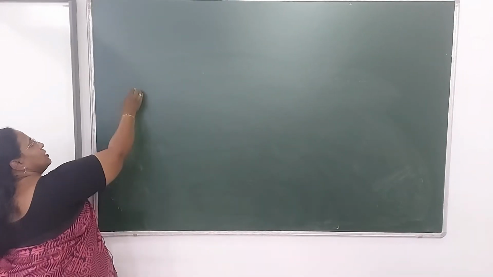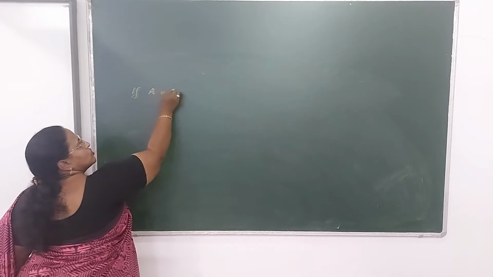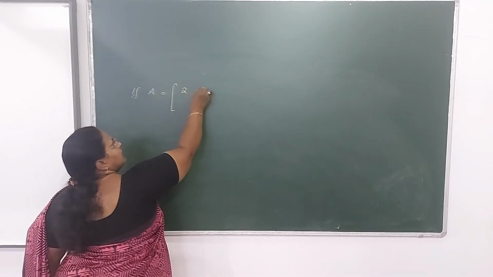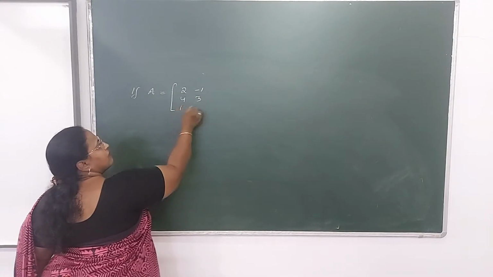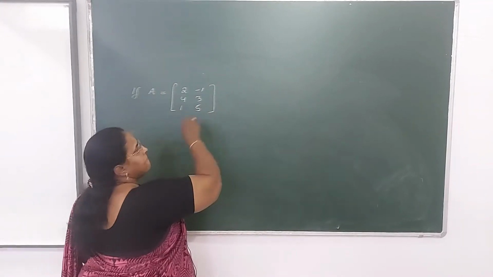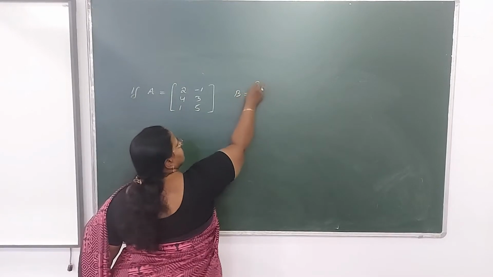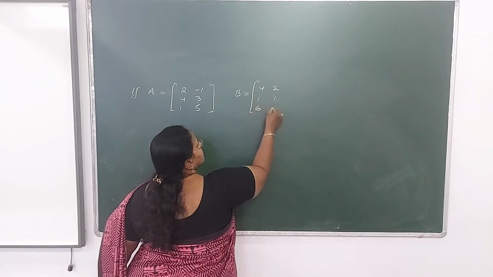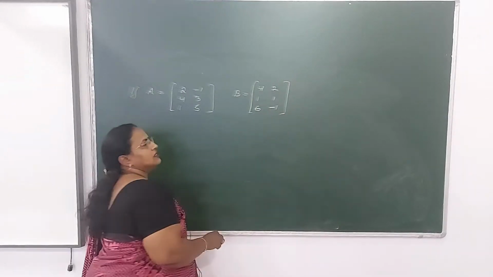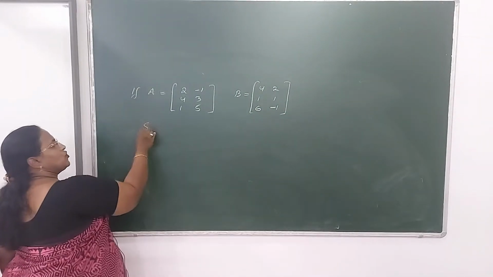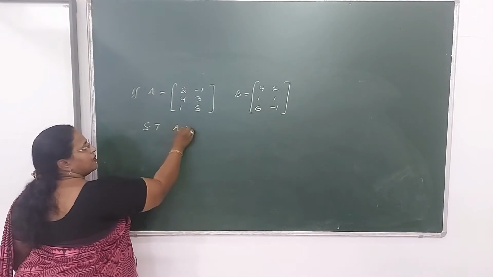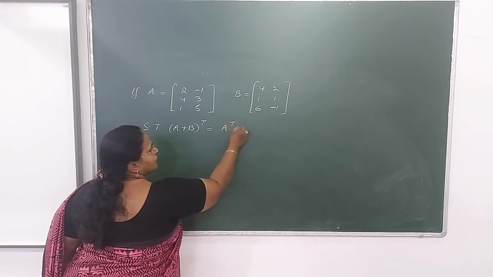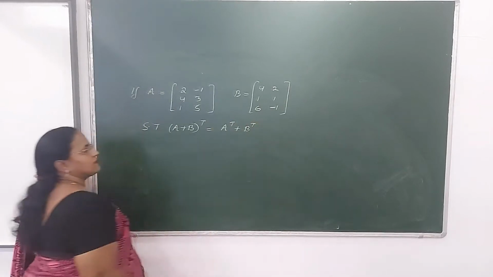If A is equal to the matrix 2, minus 1, 4; 3, 1, 5. B is another matrix: 4, 2, 1; 1, 6, minus 1. The question is, show that (A plus B) whole transpose is equal to A transpose plus B transpose.